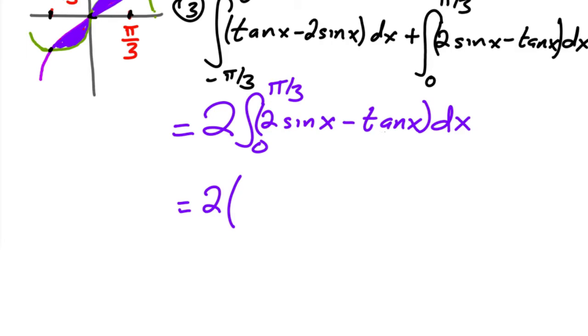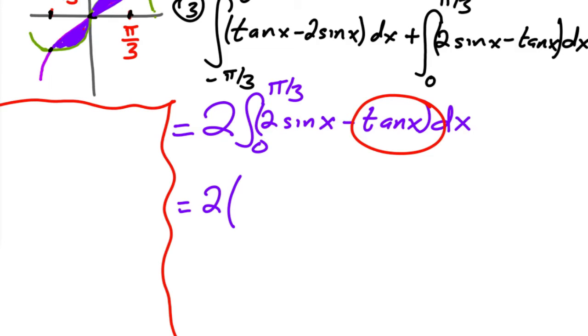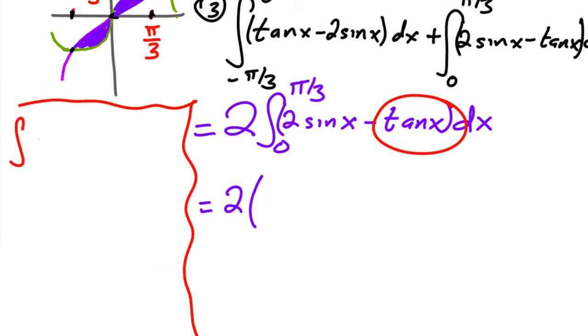now here, the antiderivative of tangent, this one is a little tricky. So why don't I split this up, and I'm going to have to do this one separately. So let's say I'm looking for the antiderivative, the integral of tangent of x.